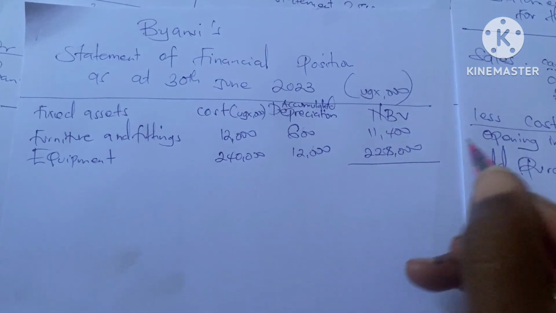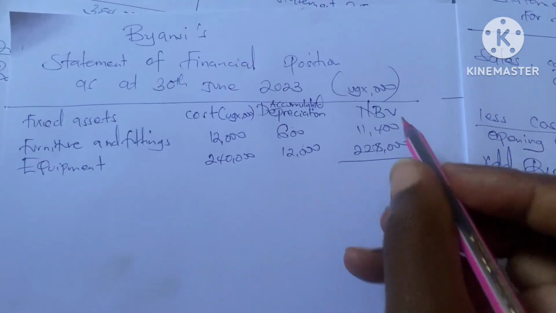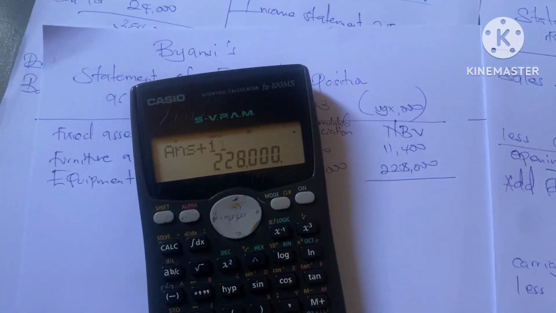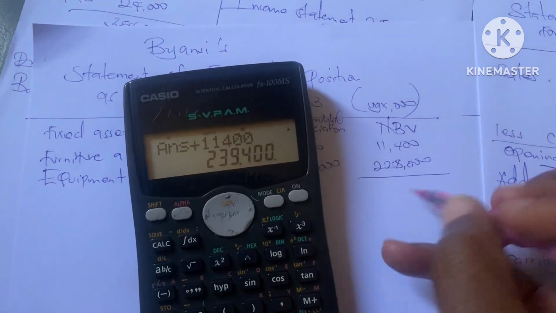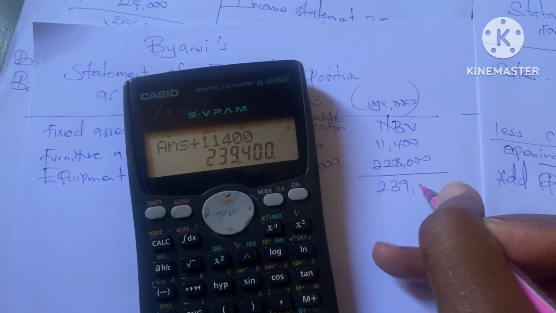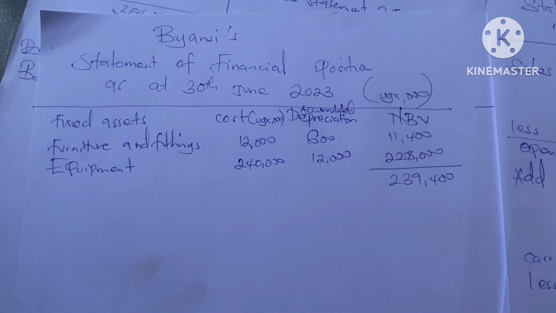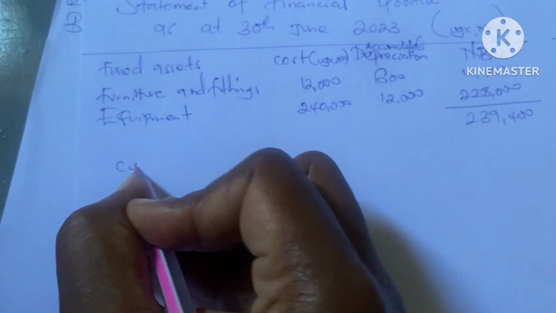That's the net book value. Then you get the total fixed assets, this plus that, $239,400. Then we go to the current assets.